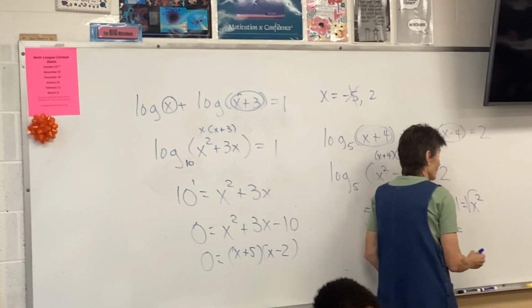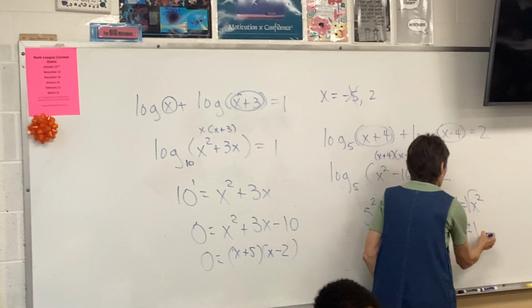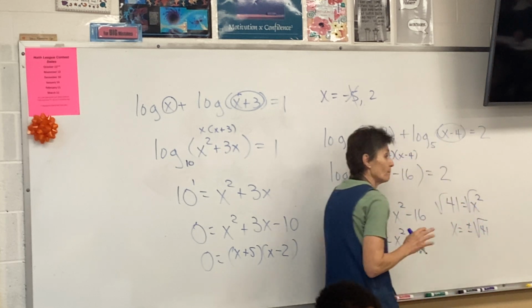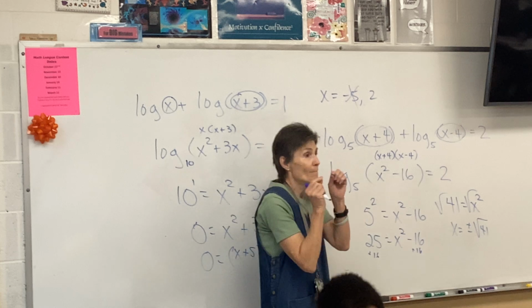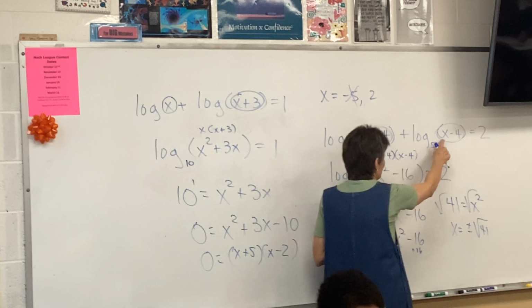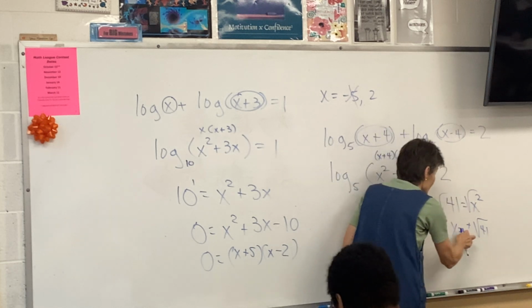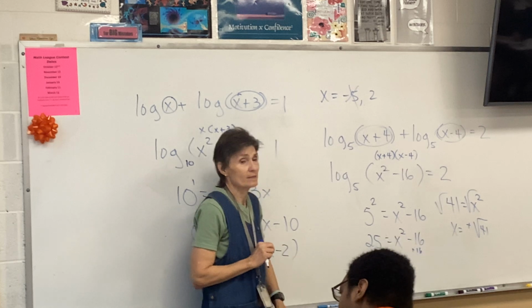So x equals, here's another one, technically plus or minus root 41, because remember we did plus or minus, but I can't use the negative. So I'm going to get rid of that, and the only answer is root 41.